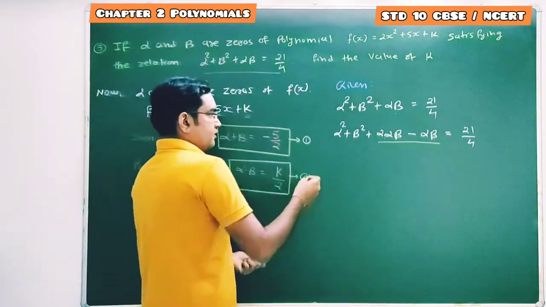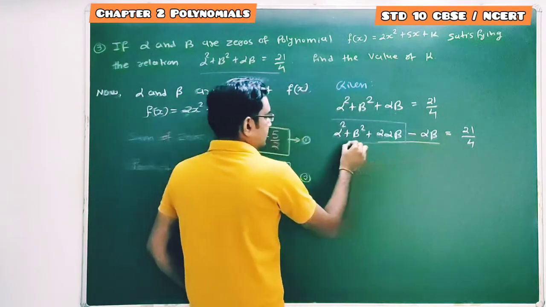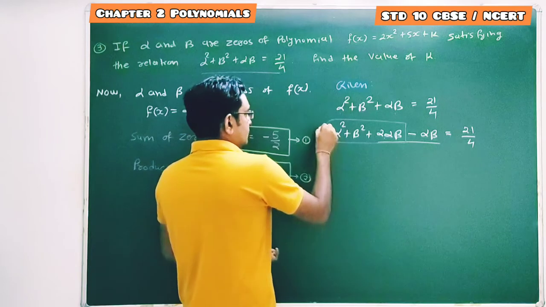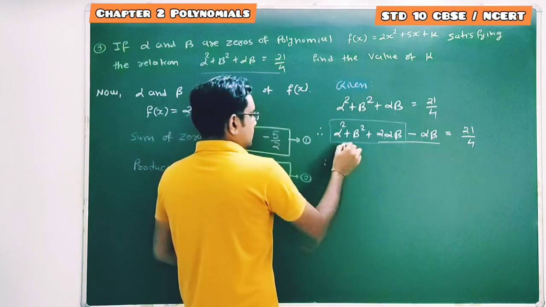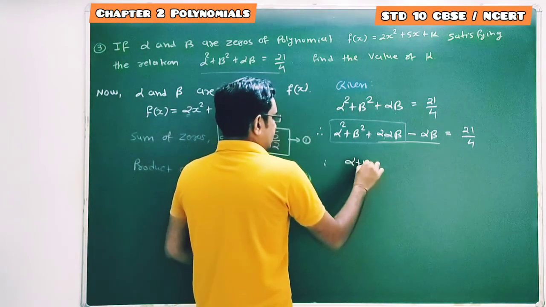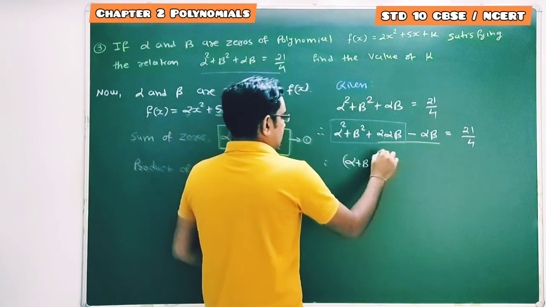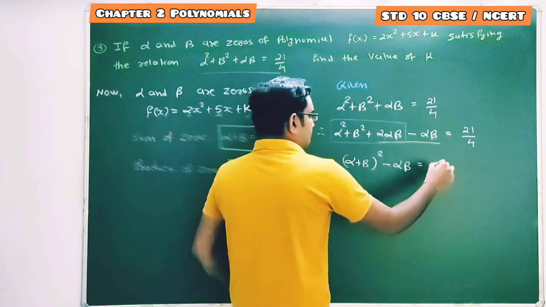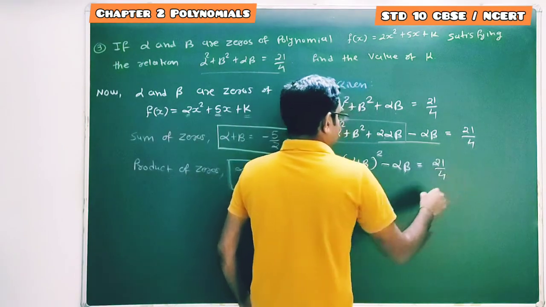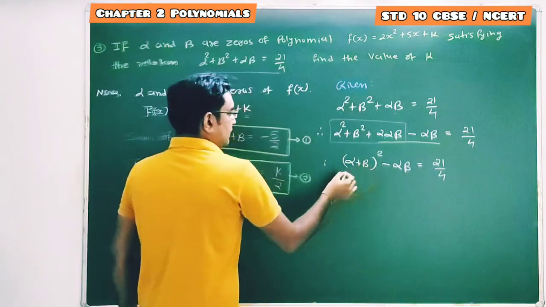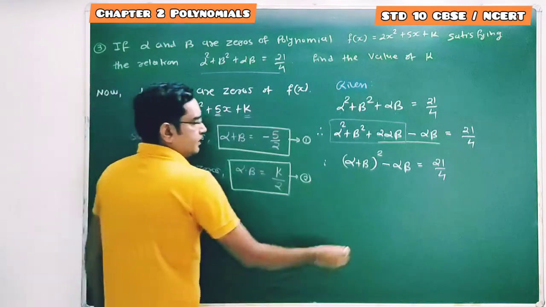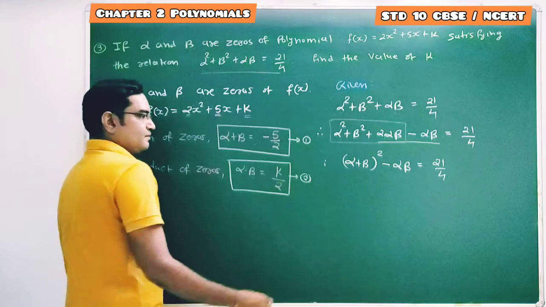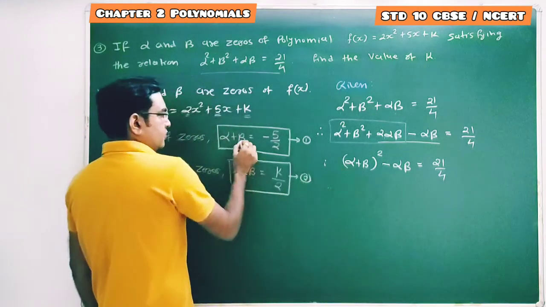Because now here this term is nothing but the (alpha plus beta) whole square. So therefore this one is (alpha plus beta) whole square minus this one is alpha beta and that is equal to 21 by 4. ऐसा क्यों किया? क्योंकि alpha plus beta के लिए result 1 है, alpha into beta product of zeros के लिए result 2 है. Done? So put the values from result 1 and 2.